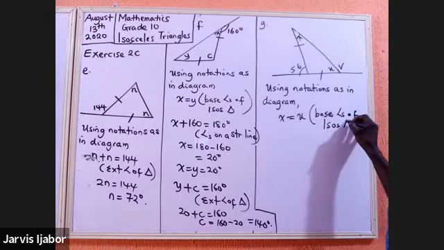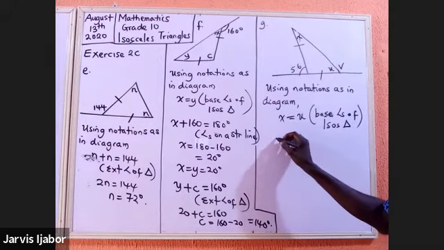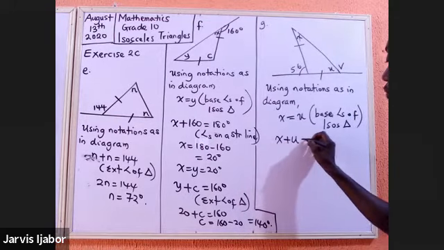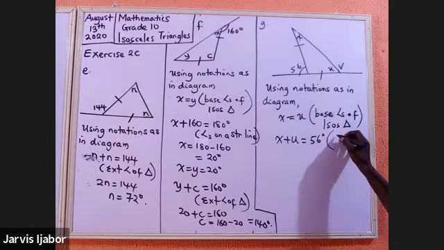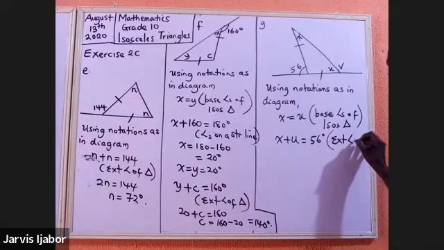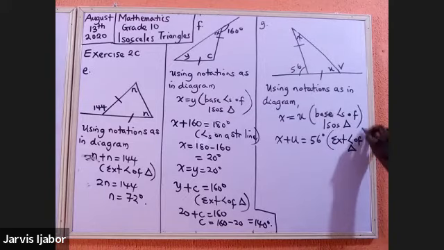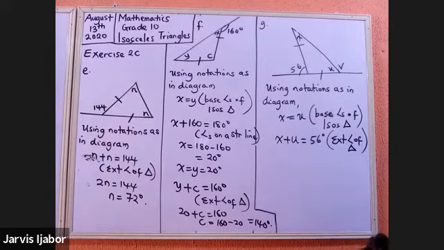So X plus U will be equal to 56 degrees. What's the reason for that? Exterior angle of triangle.